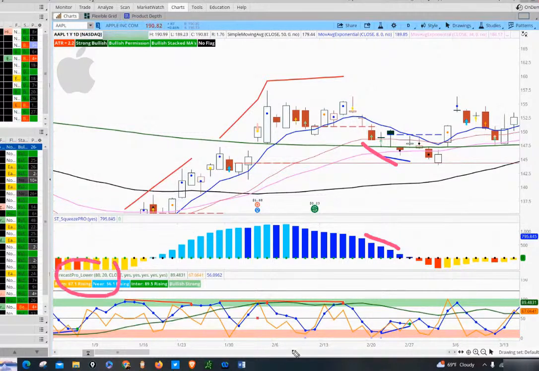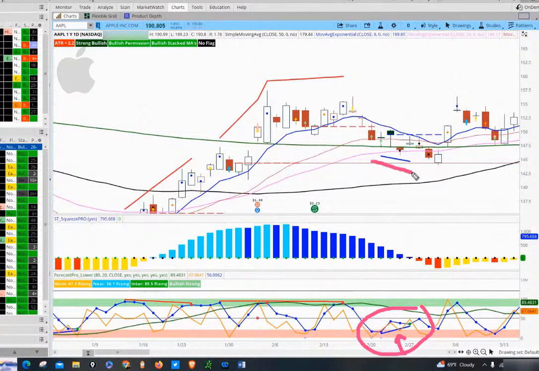But if you look at this Forecast Pro, when this blue line comes in the lower zone and comes out, I have a whole bunch of videos on this, and then it comes down and goes back up, that means it's diverging. So as price is going down, the blue is starting to go up. Now, what's beautiful is, if you have the Forecast Pro, it's actually going to print that line for you. And if you have the upper study set, it's going to print that line on the chart.